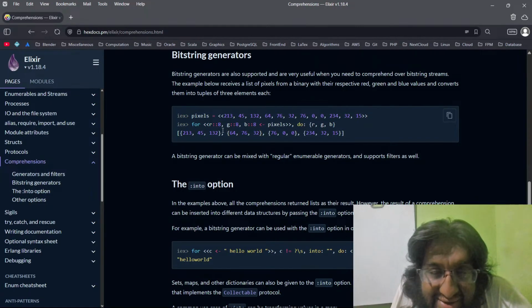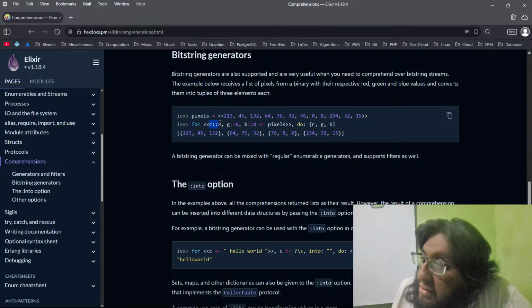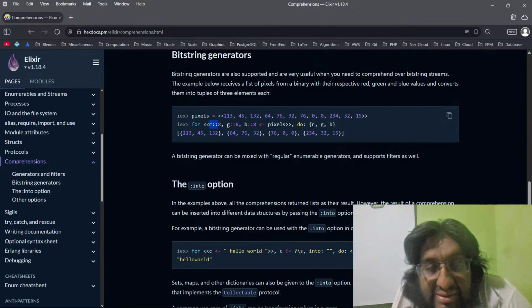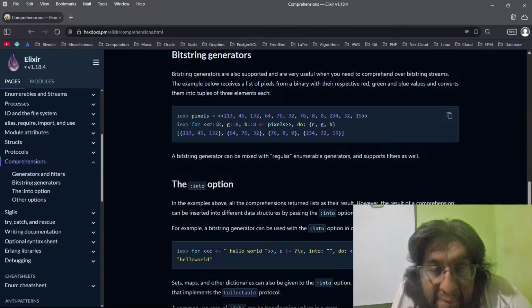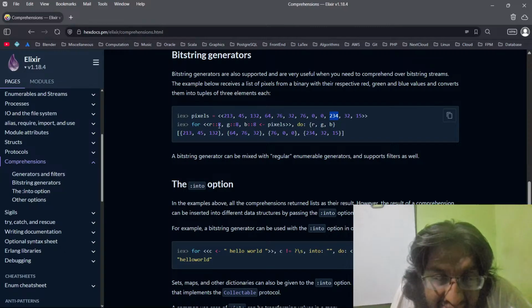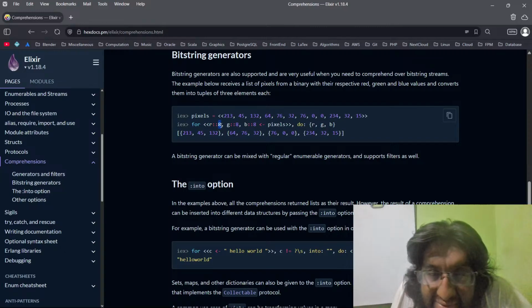Most likely, yes. Remember from our session on bit strings, if this number is represented with this bit size, you get to retain it.